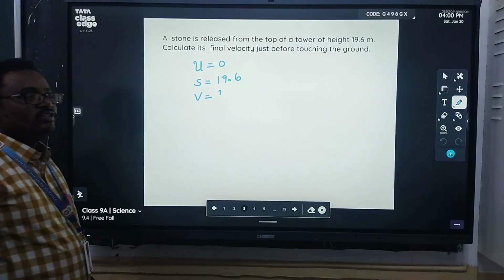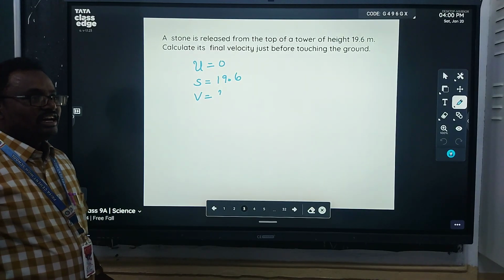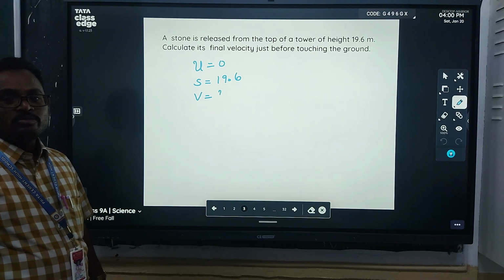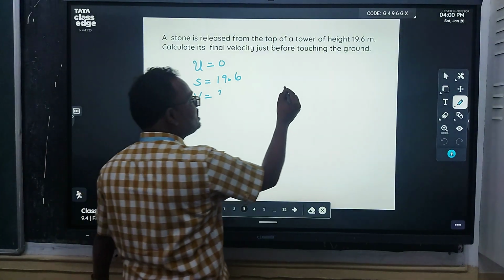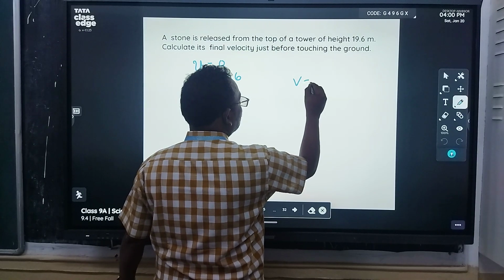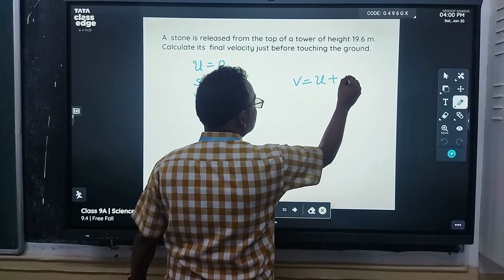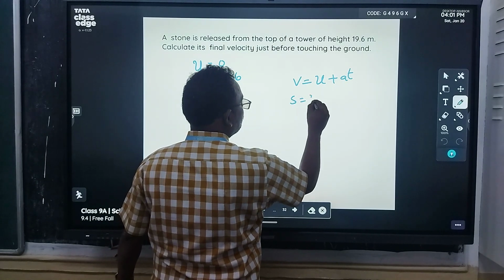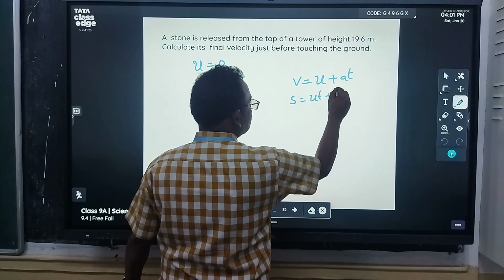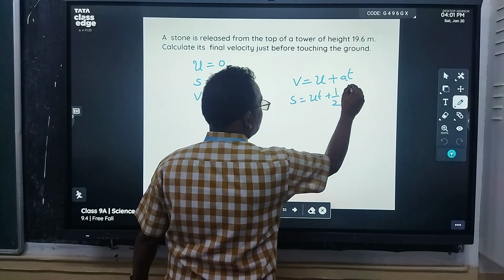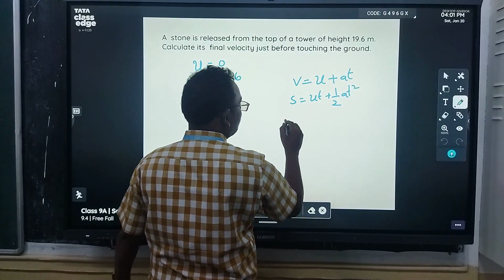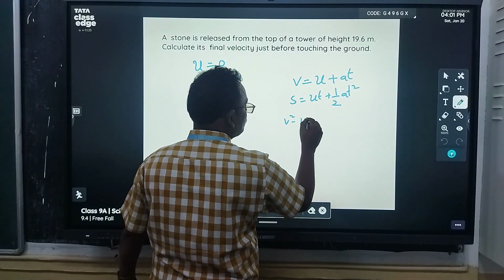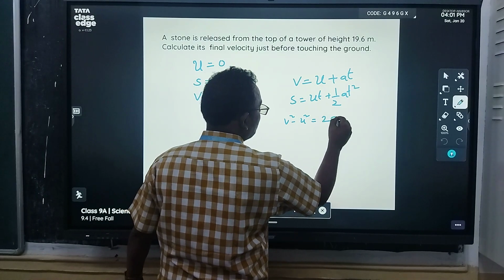So we know the uniform accelerated motion equations. What are the three? v is equal to u plus at. s is equal to ut plus half at square, and v square minus u square is equal to 2as.